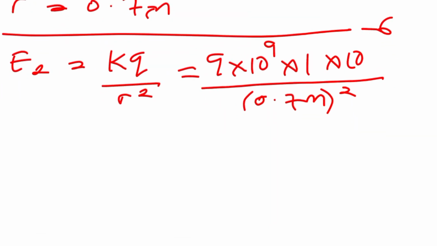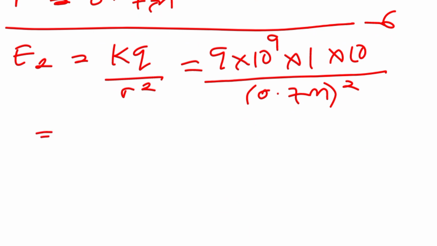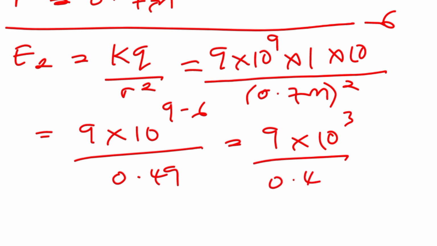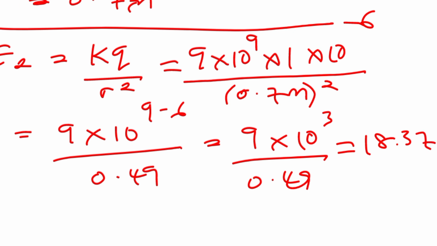So we can say that this equates to 9 times 10 to the power of 9 minus 6 divided by 0.49. After we simplify it, we end up having 9 times 10 to the power of 3 divided by 0.49. So this equates to 18.37 times 10 to the power of 3.